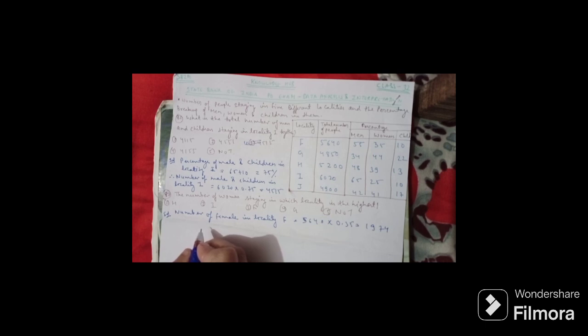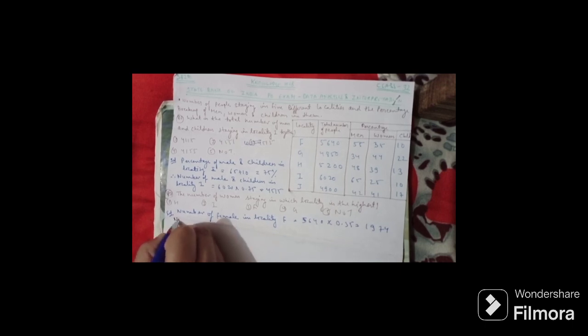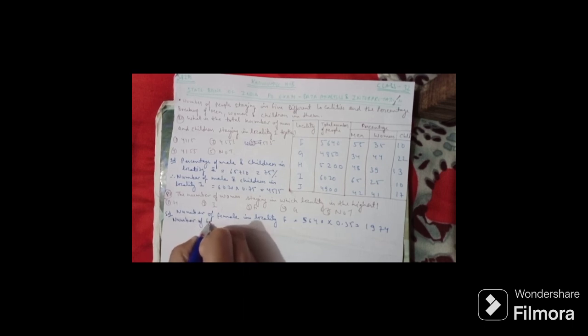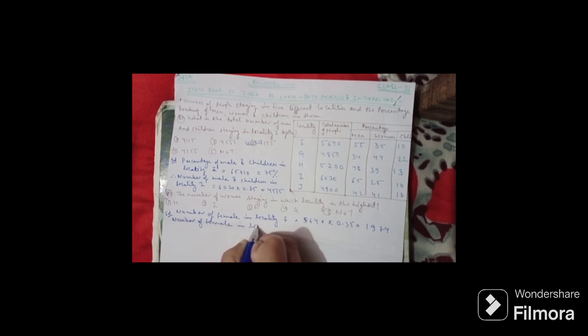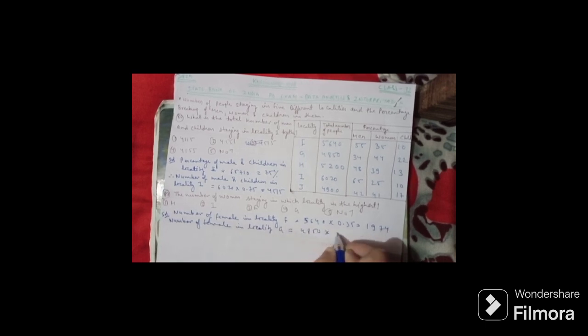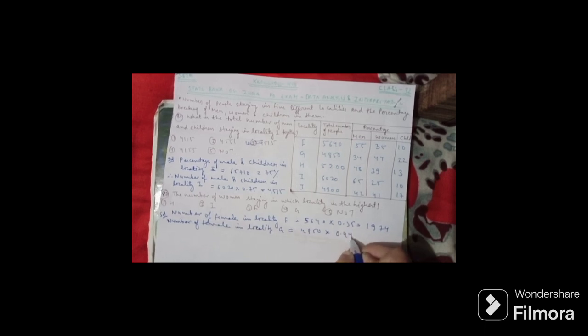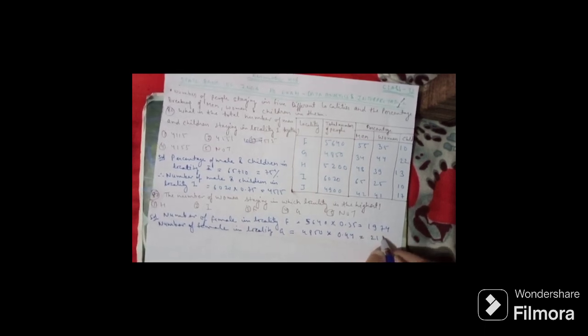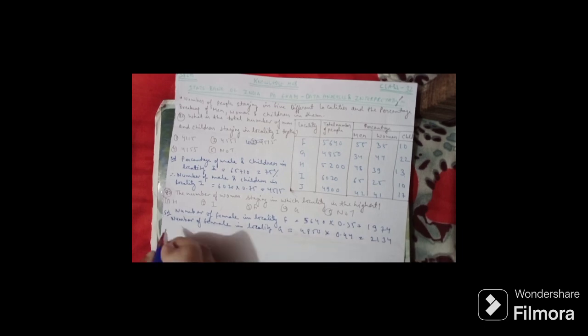Now we talk about locality G, locality H, locality I, locality J. Number of female in G, it is 4850 into 0.44, will give 2134.